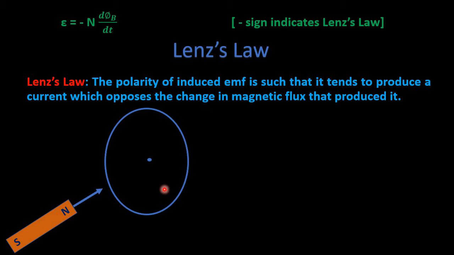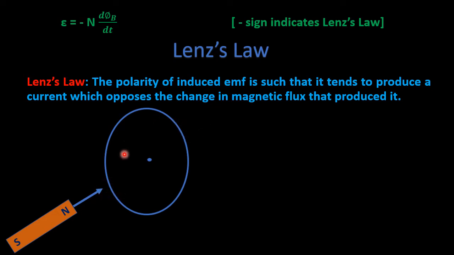This induced current will also have a magnetic moment because we already know that current flowing through a conductor produces a magnetic field. The north polarity of the magnetic moment will be such that it will be facing towards the north pole of the bar magnet.